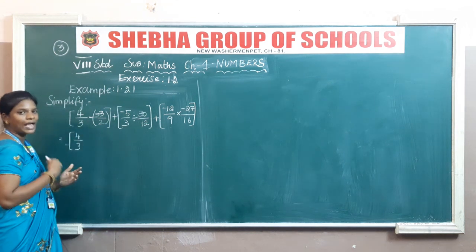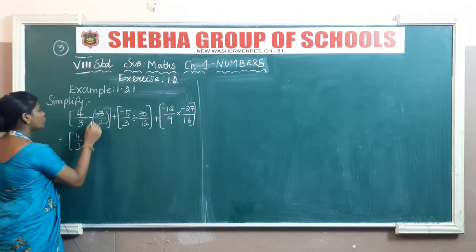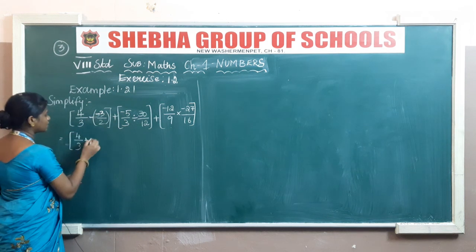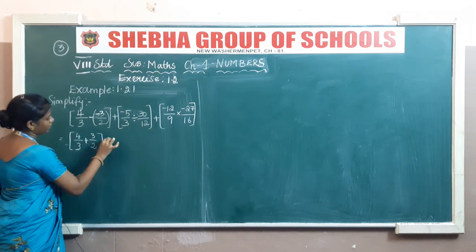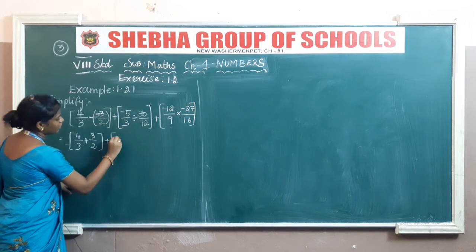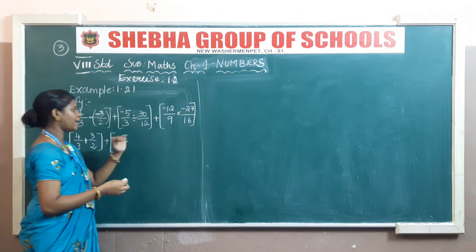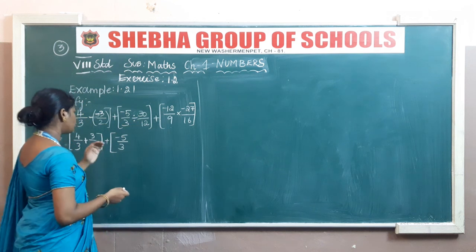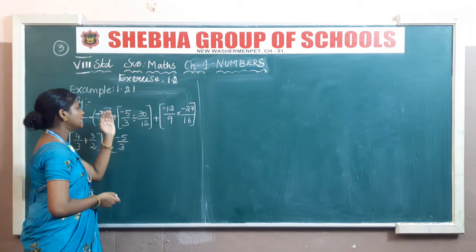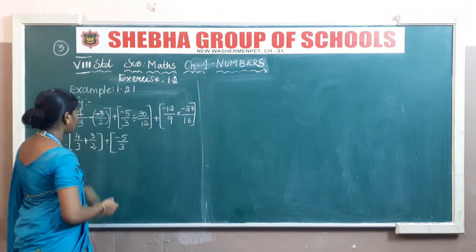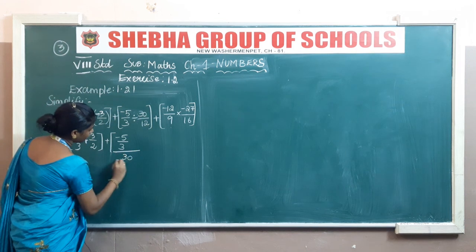So we have to add the two rational numbers, plus 3 by 2. Plus this value minus 5 by 3 divided by 30 by 12. This is divide, so we take the whole divided by 30 by 12.